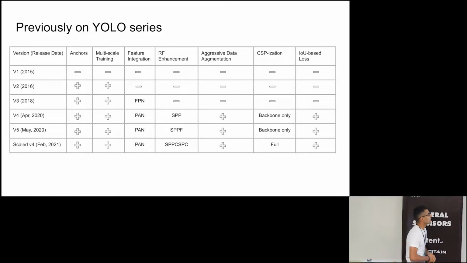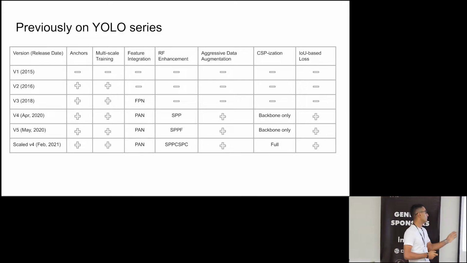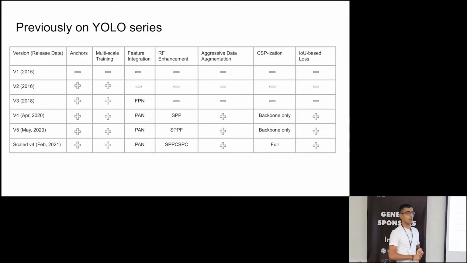CSPization was introduced starting from the fourth version. During that, only the backbone had those kinds of blocks, but then in scaled YOLOV4, pretty much all the blocks had this feature. And as I said, I will touch on that feature later on.